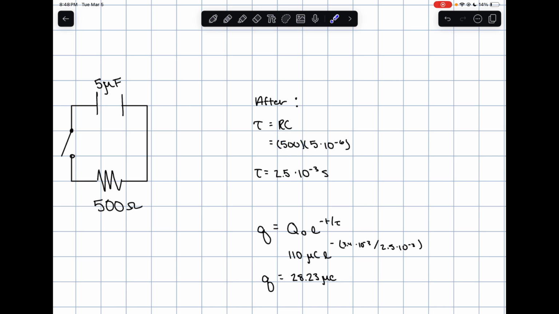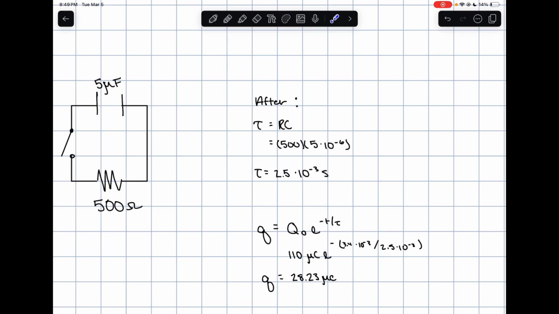Once we plug into the calculator, we can get that the time constant equals 2.5 times 10 to the negative third seconds.